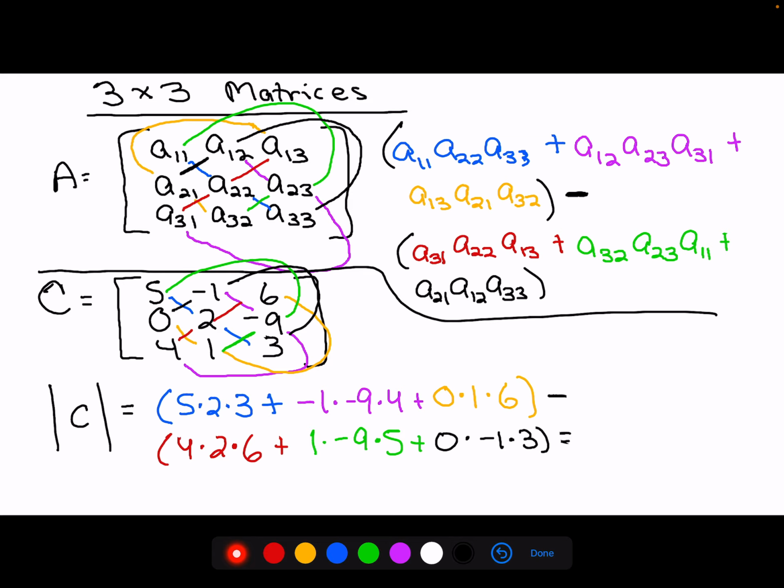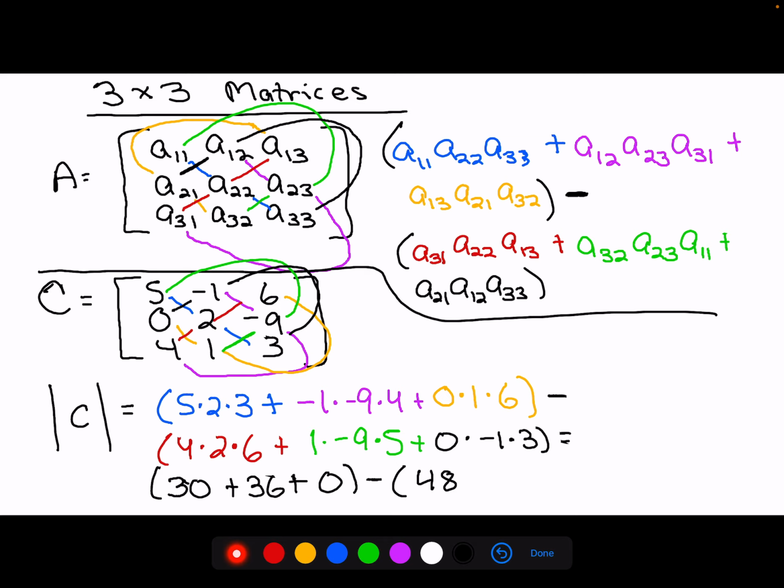All right, so 5 times 2 is 10, 10 times 3 is 30. -1 times -9 is 9, 9 times 4 is 36. Then I got a 0. Then I gotta subtract. 4 times 2 is 8, 8 times 6 is 48.